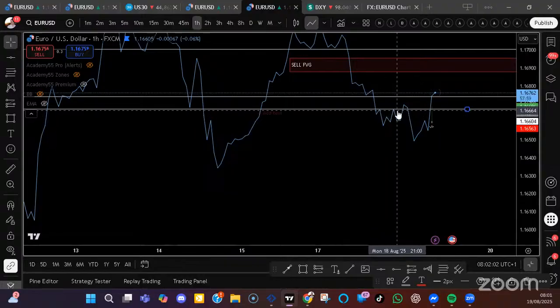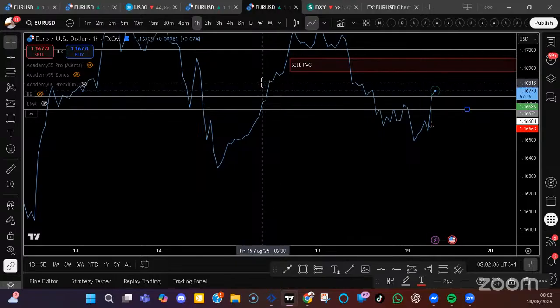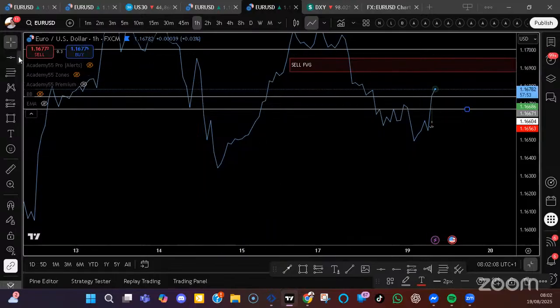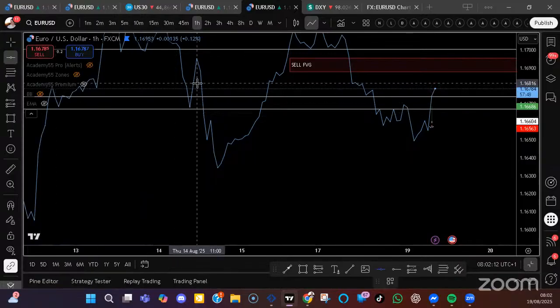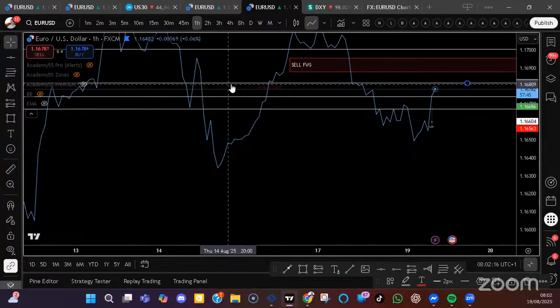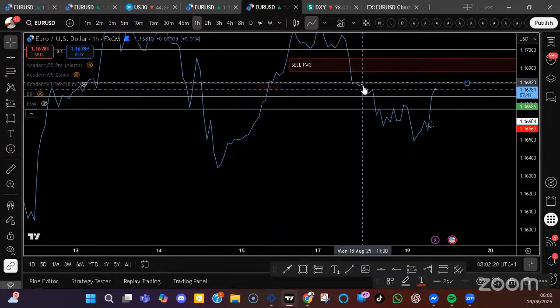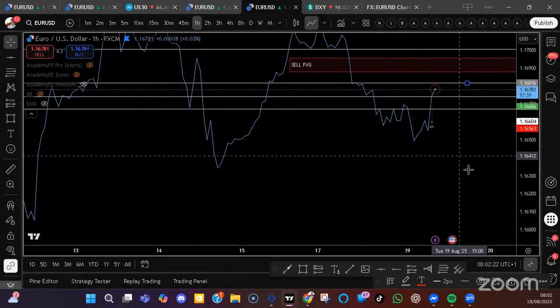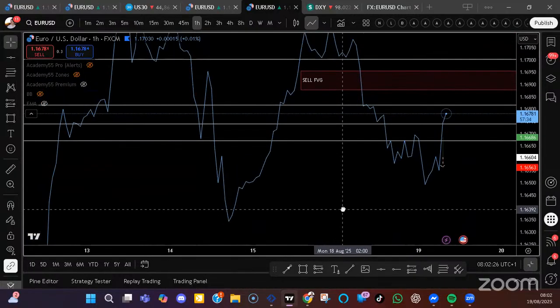So that area is obviously pretty important. Also just here, it stalled there, and it became resistance there. So we'll mark that up as well. That's enough lines. We don't want to make it look like the London Tube.